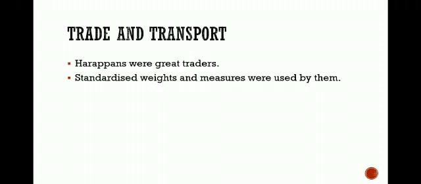The upper town was used by the administrators and the lower town by the common people. Next we saw about the streets and houses, the drainage system, the great bath, the assembly hall, and also the trade and transport.